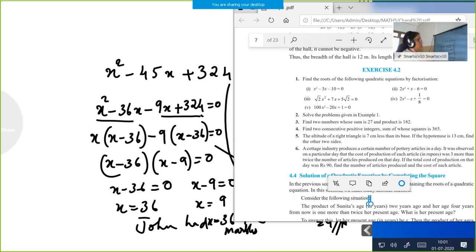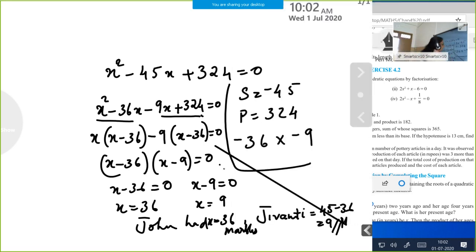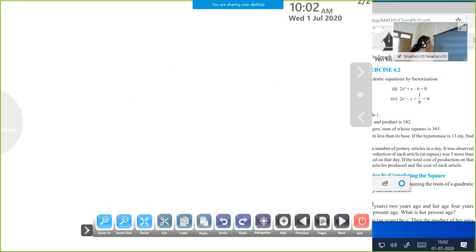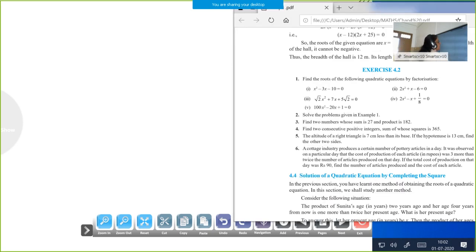Find two numbers whose sum is 27 and product is 182. Okay, two numbers, that means the sum is given, the sum is equal to 27.